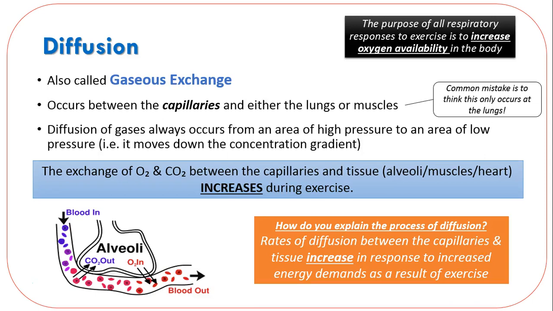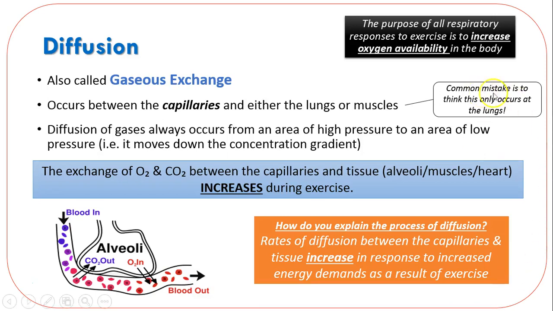Our final respiratory response to exercise we're going to look at is diffusion. You could also call it gaseous exchange, and this is looking at diffusion of gases between the capillaries and either the lungs or the muscles.